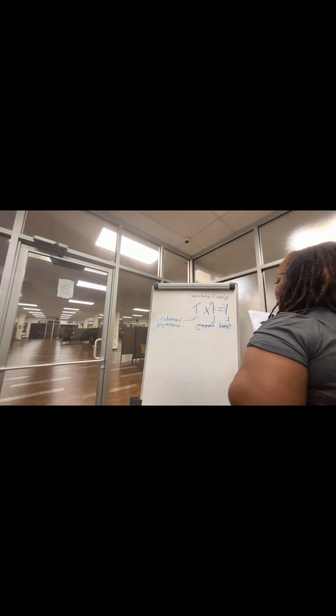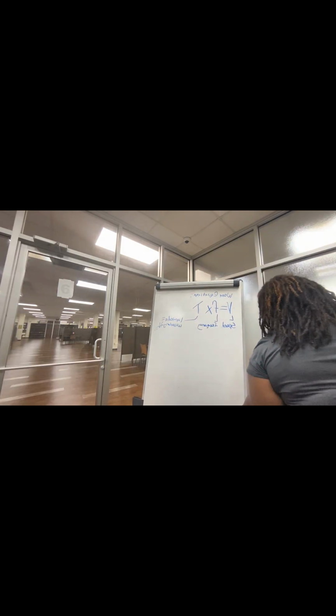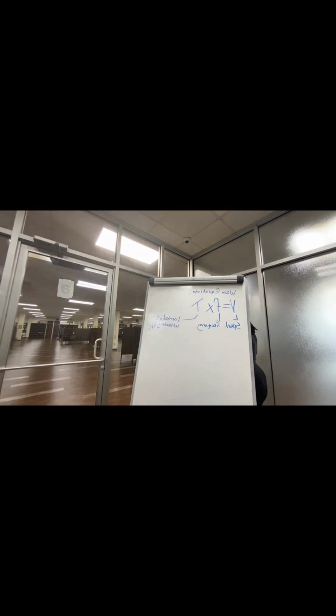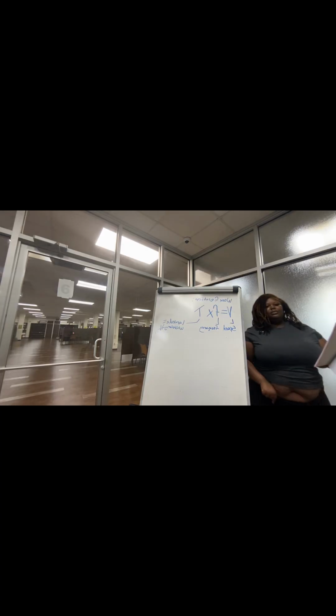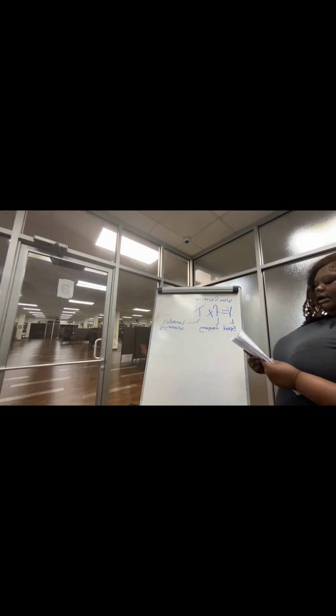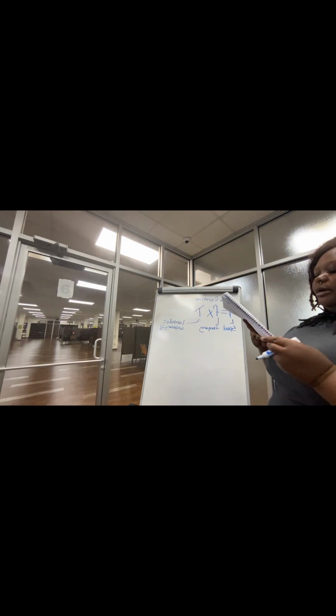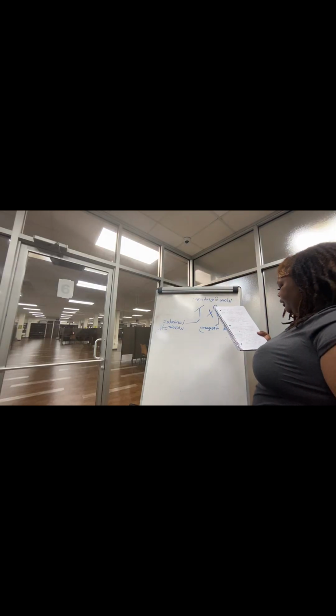I'm not gonna write down this whole entire problem, but I will read it. Okay, so for my first example: an ocean wave has a frequency of 2 hertz and a wavelength of 3 meters.